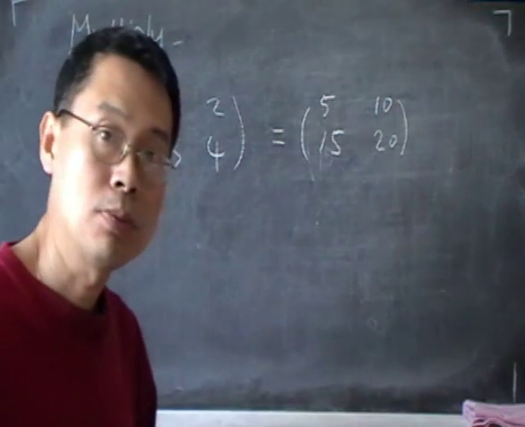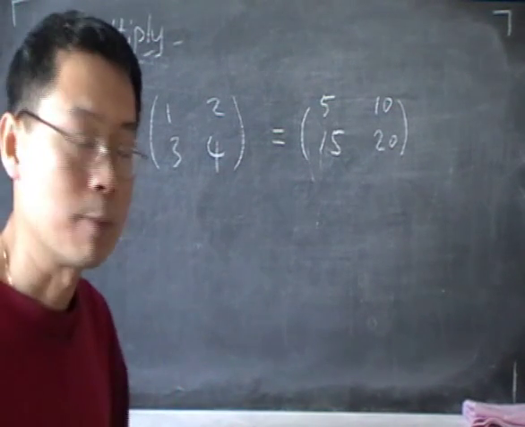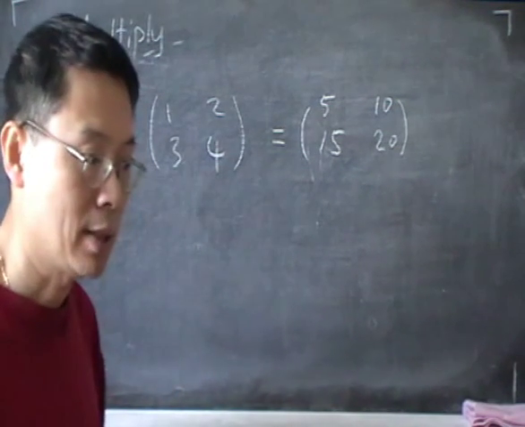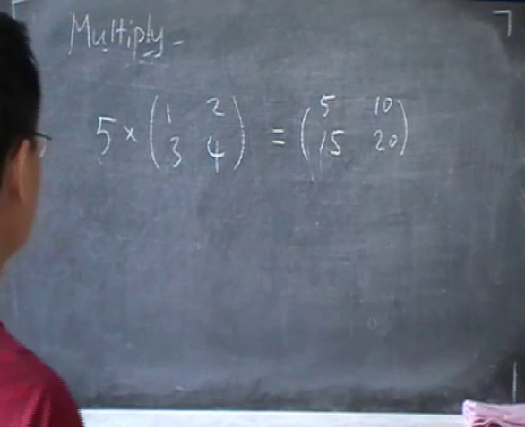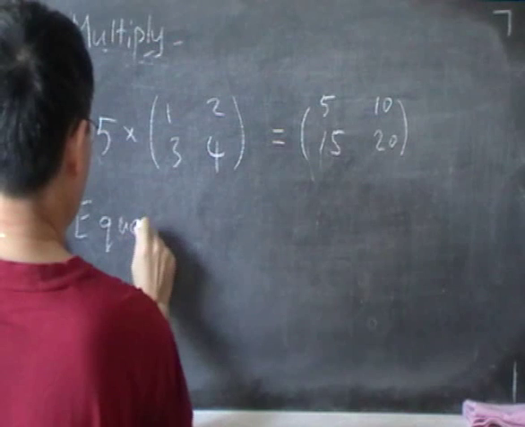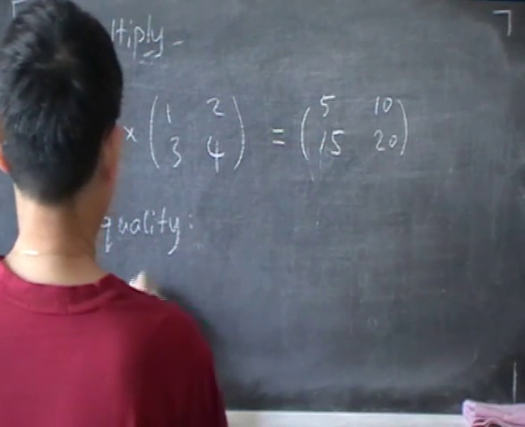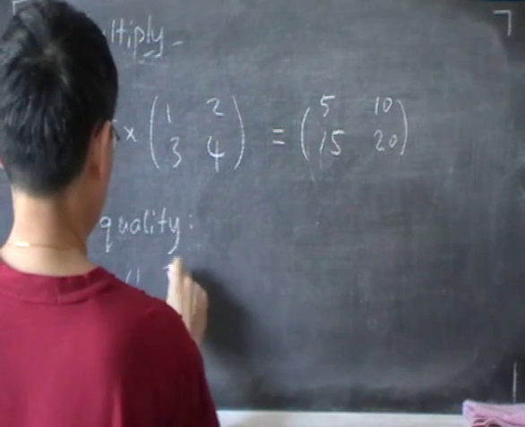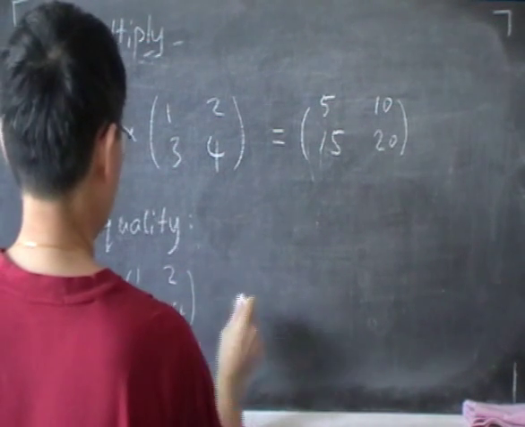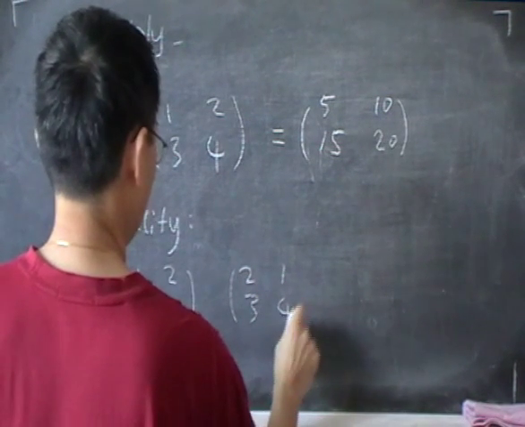And I should also mention one thing about equality. What do we mean when we say that two matrices are equal? So let's say I have the numbers 1, 2, 3, 4, and I have the numbers 2, 1, 3, 4.